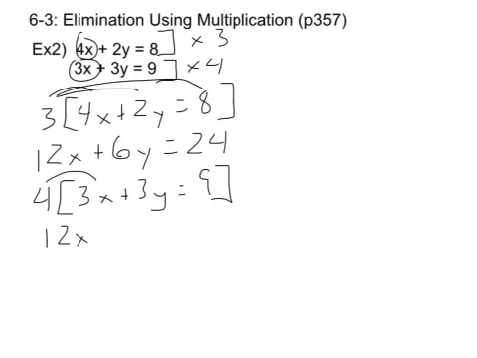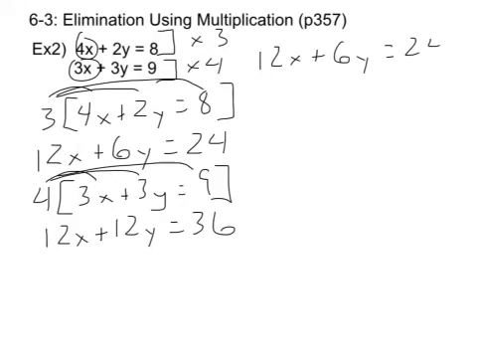That's exactly what I wanted. 4 times the 3y is 12y, equals 4 times the 9 is 36. So now I've got a new system set up: 12x plus 6y equals 24, and 12x plus 12y equals 36.